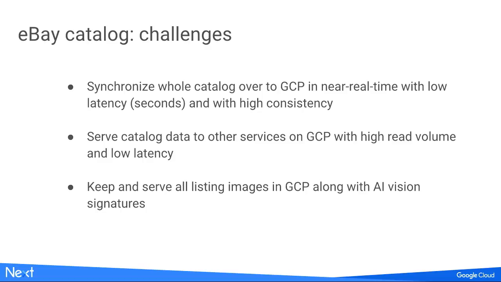And we also want to support the vision use case, right? So we want to keep listing images in Google Cloud Platform for training vision models. And also, we want to keep AI vision signatures, which are pretty much feature vectors over images, somewhere so that we can extract and build image search index out of them.